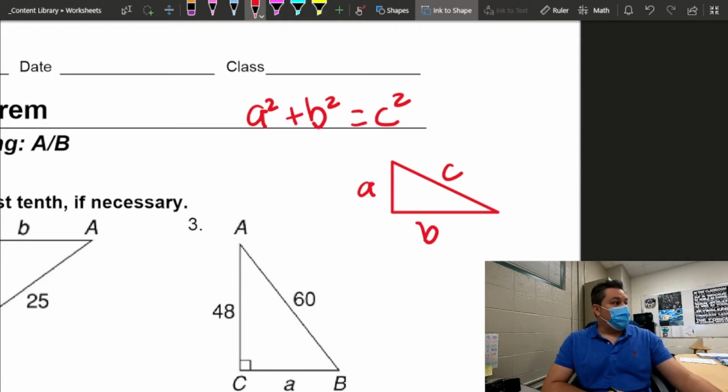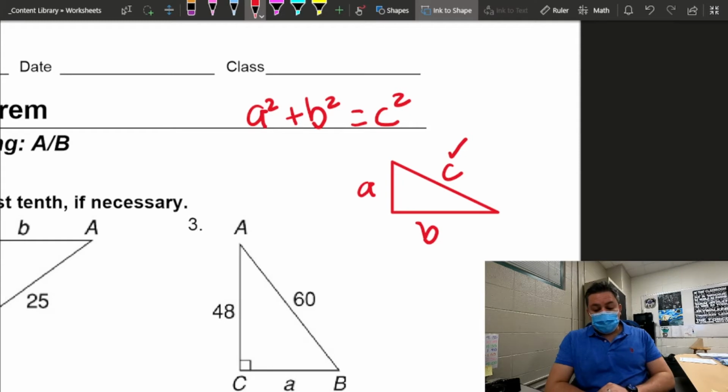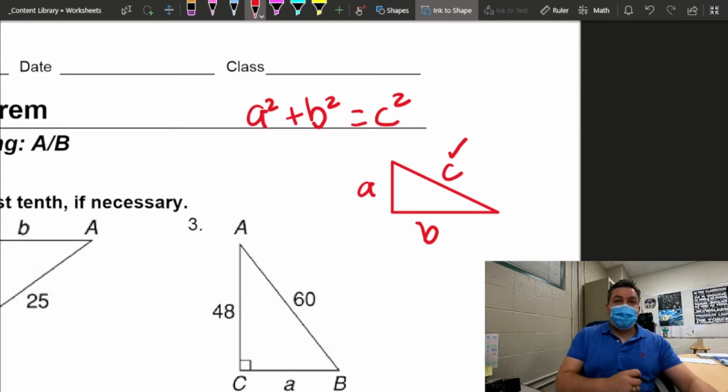Don't worry about that for now. The longest side is the diagonal, and it always has to be the letter C.